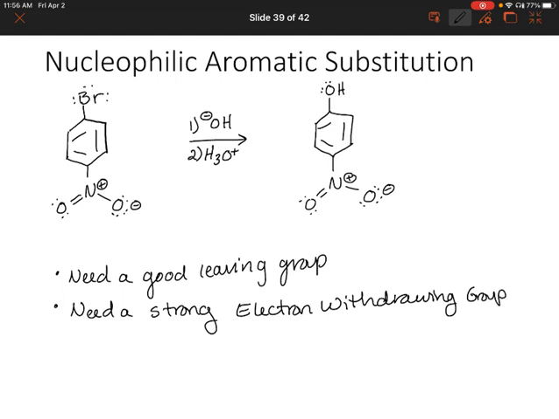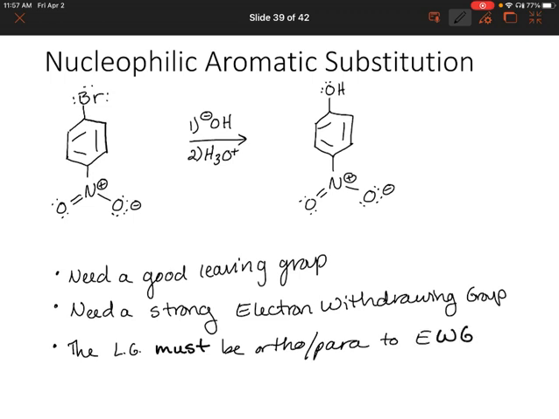And we'll see why we need that strong electron withdrawing group on the next slide. Finally, the leaving group should be ortho or para to the electron withdrawing group. So we'll also talk about that on the next slide.